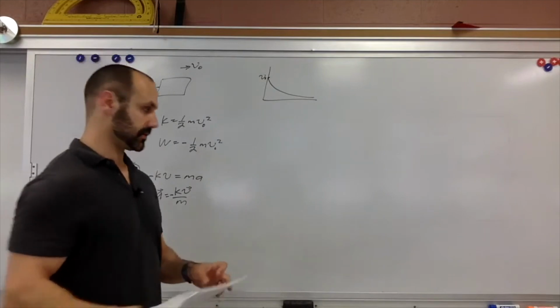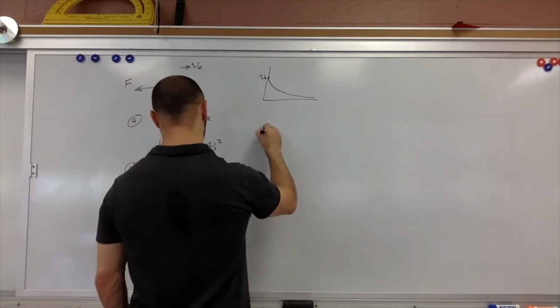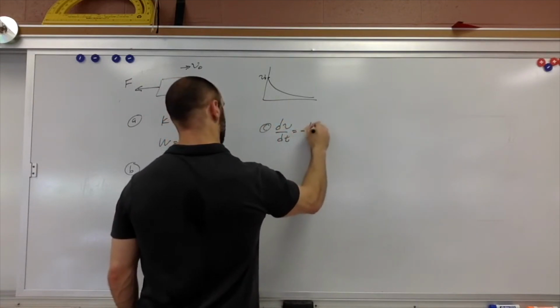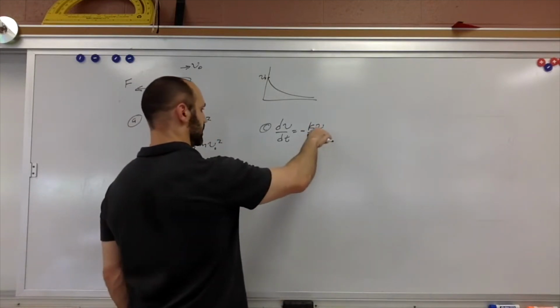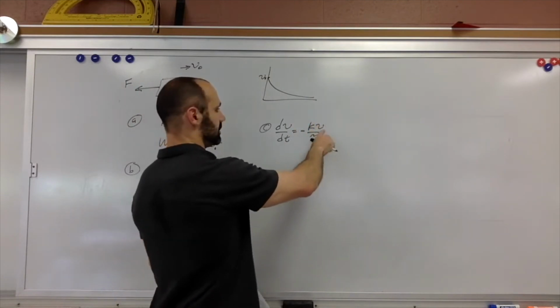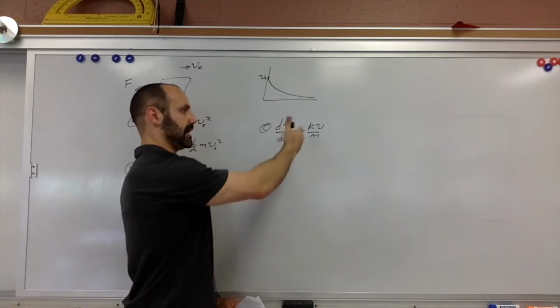So now we need to do this whole thing where dv/dt equals negative kv over m. All right, so what I'm going to do now is bring the v over to this side. I'm going to leave the other things over here. Notice here it's just v. There are no other terms here, right? In the other one, I had the term F naught.